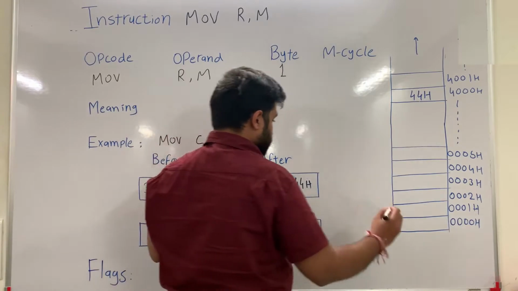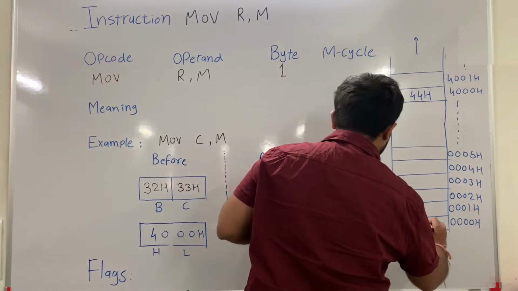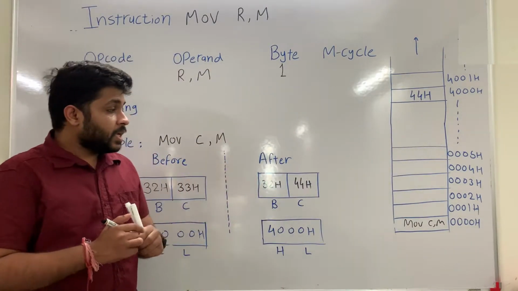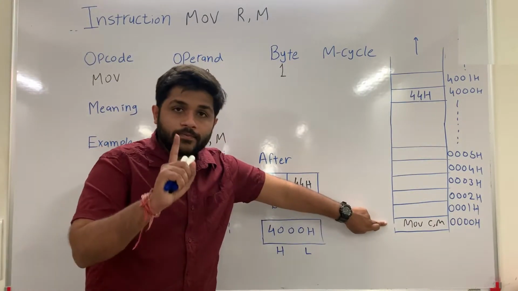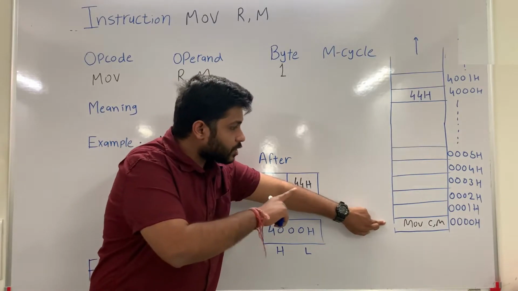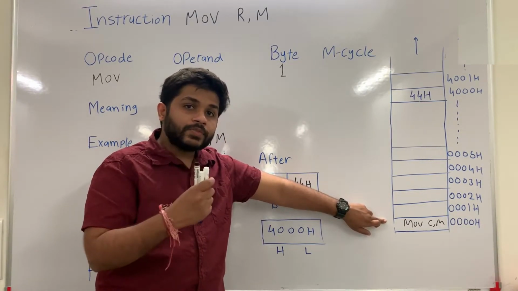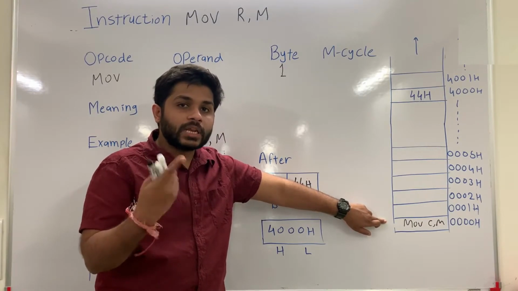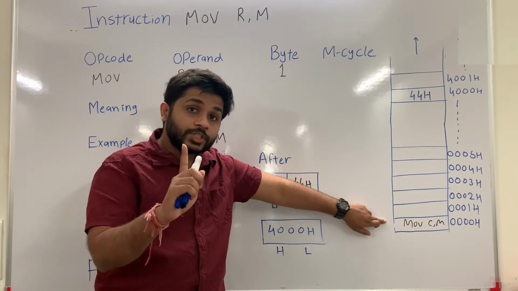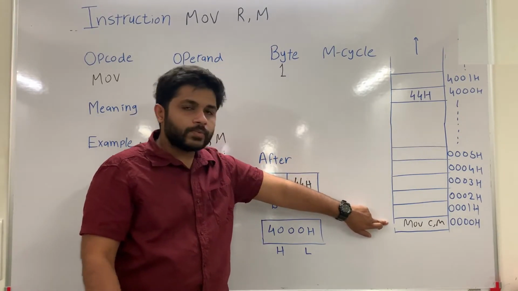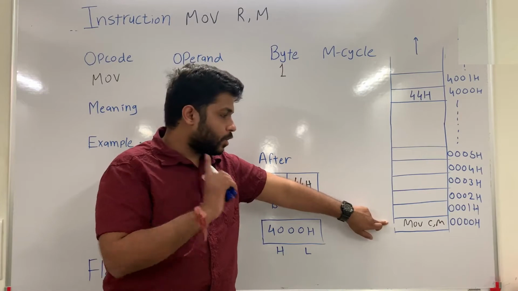Notice this instruction is of only 1 byte, that is why it is stored in one location. In some cases, the size of the instruction can be 2 bytes or 3 bytes, and in that case one instruction will occupy more than one location. Right now, the instruction will occupy only one location.